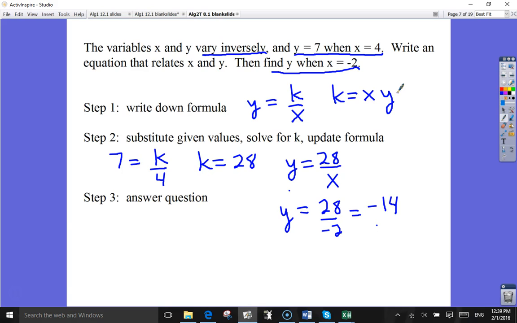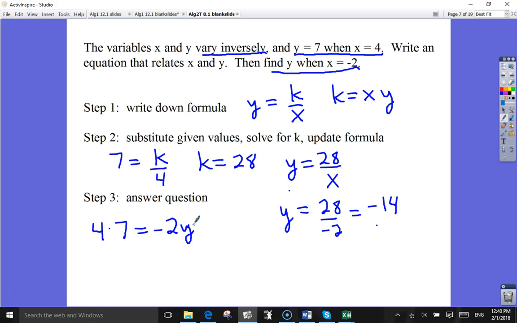So you could set this up like xy equals xy: 4 times 7 equals -2 times y. And then solve that for y. Do you remember doing it like that by any chance?